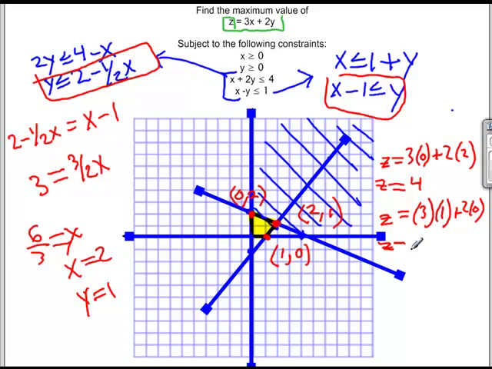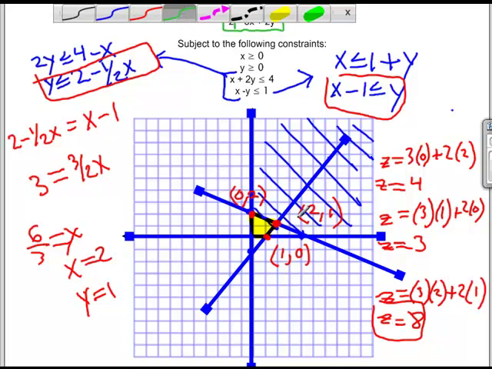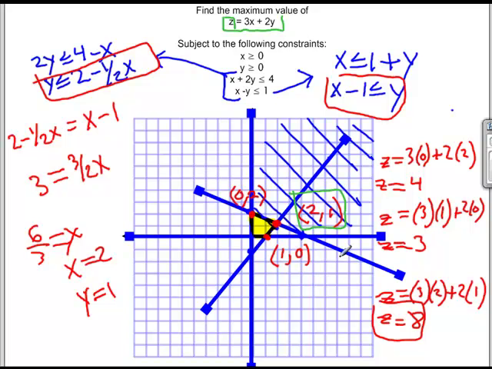So z is equal to 3. So far this is the maximum. Then we have one more point to test, 2 comma 1. Z is equal to 3 times 2 plus 2 times 1, and z is equal to 6 plus 2, which is 8. Therefore, the maximum value is 8. Z is equal to 8, and it comes when we use the point 2 comma 1.